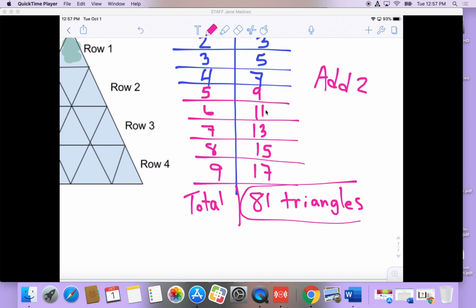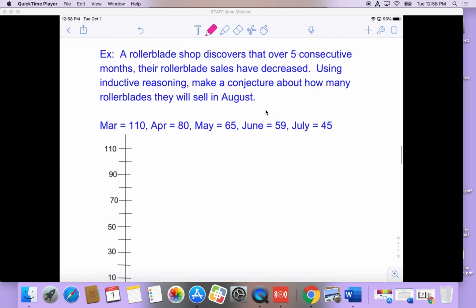A lot easier to make a table than sit there and draw all those out, right? And then you have to count them all up. All we had to do is add that column. Okay, so using our algebra, using our input, our output, our t-table, using those items is really going to help you. All right, let's move on.